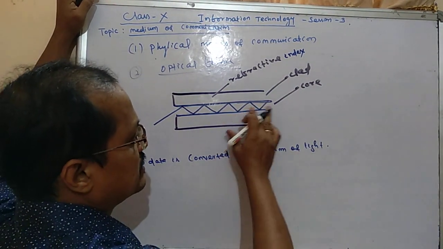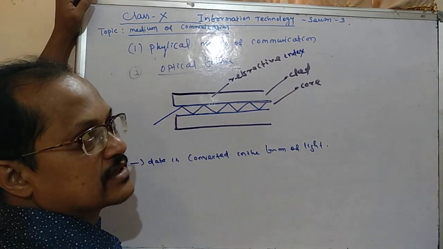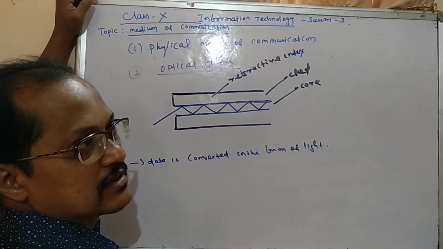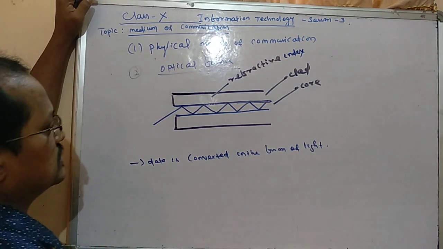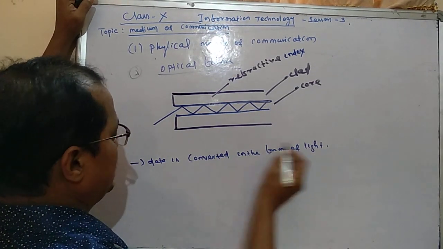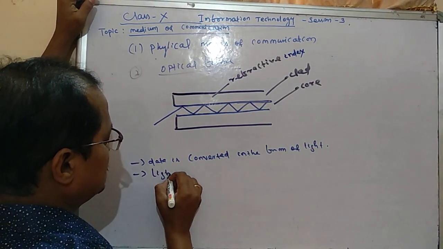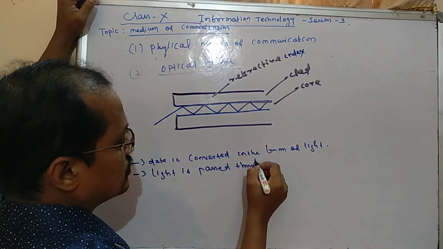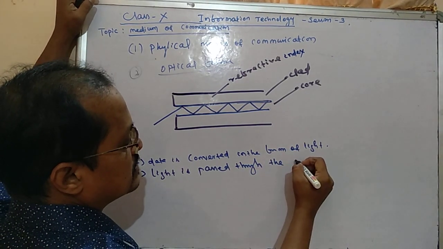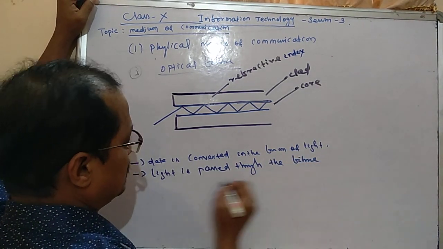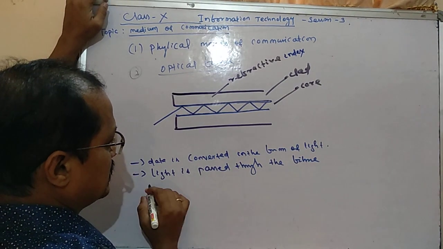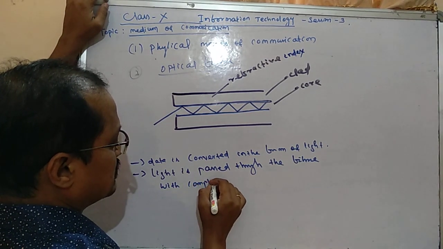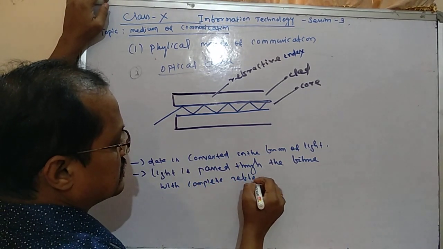With such reflection the error is very small, almost nil. The data is converted into the form of light, and then the light is passed through the fiber with complete reflection.